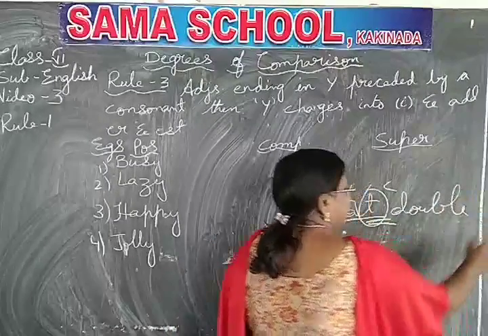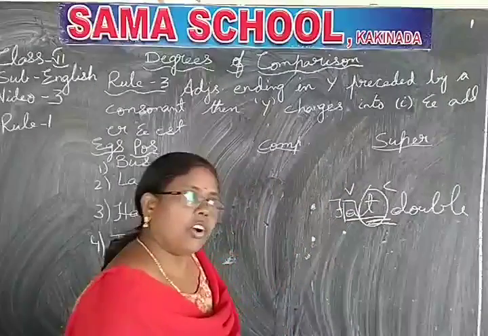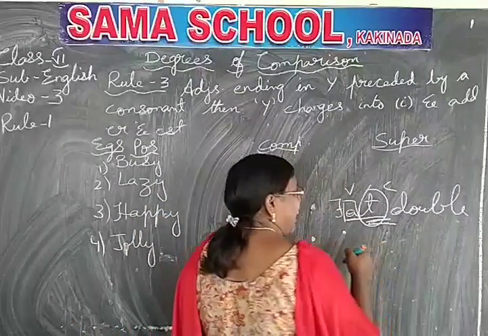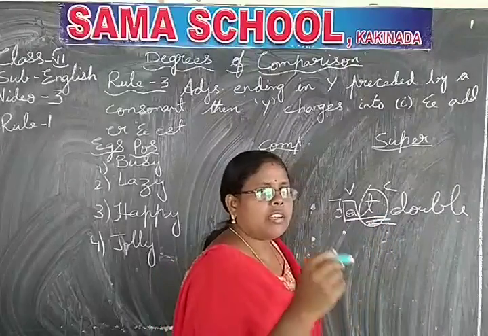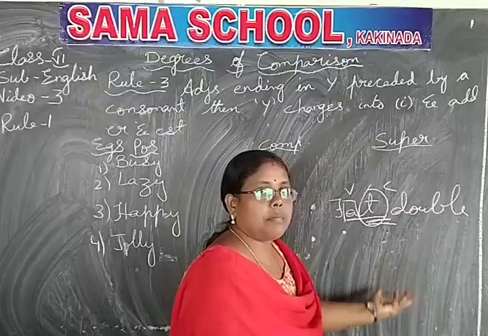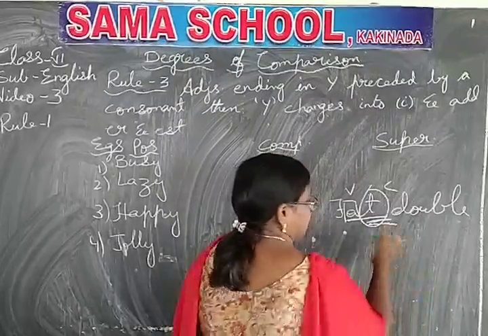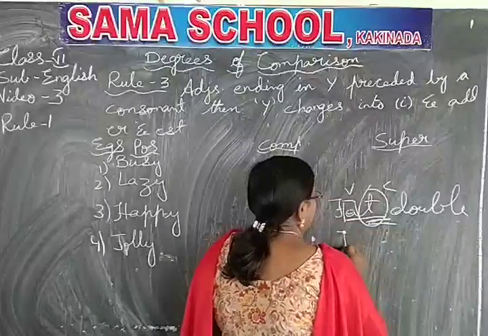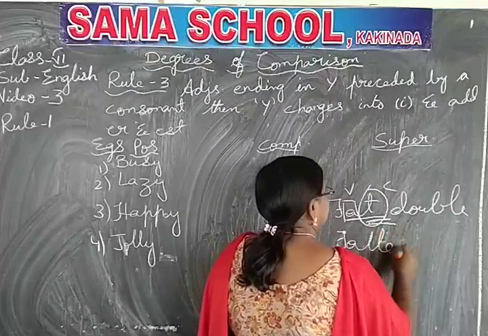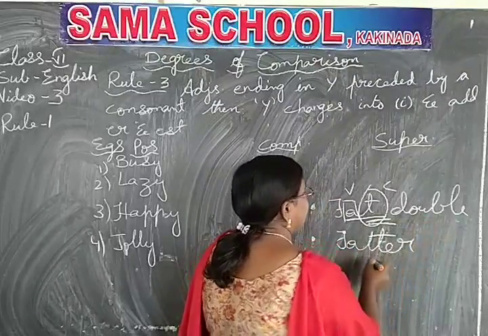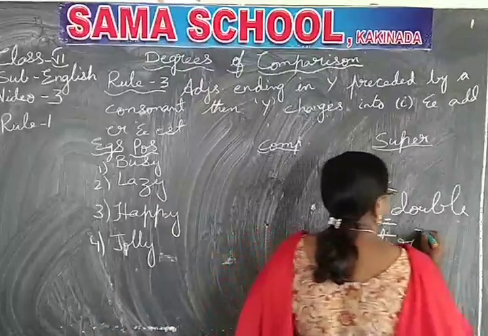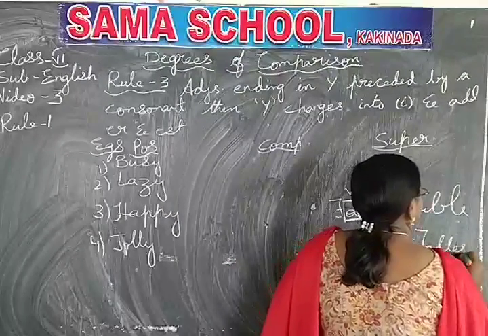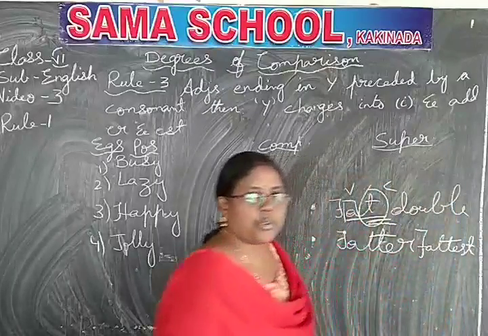After doubling this consonant, add ER or EST and then make it comparative and superlative degree. Fat, this is positive degree. Fatter. Didn't I double that consonant here? Fatter, fattest. That is the second rule.